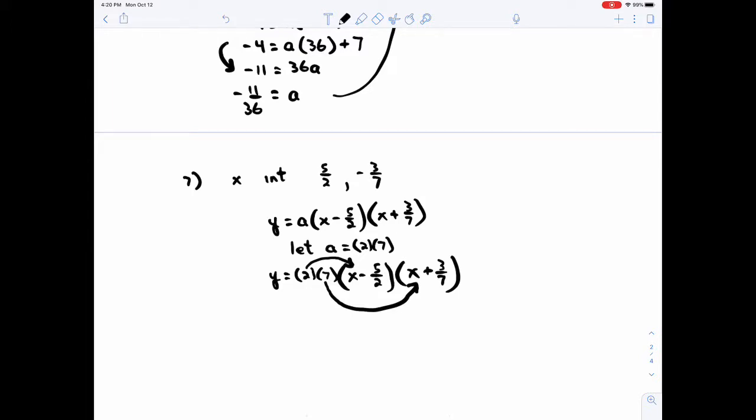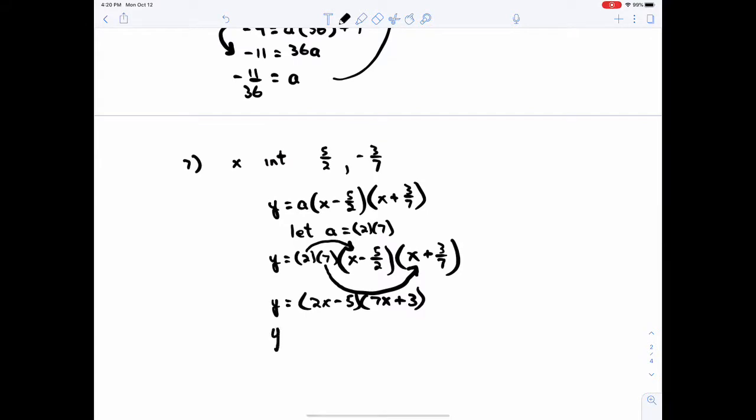Okay, so what does that give us? That gives us 2x minus 5 times 7x plus 3. And then we'll multiply this out. So we get 14x squared, and notice that's the leading coefficient because 2 times 7 is 14.